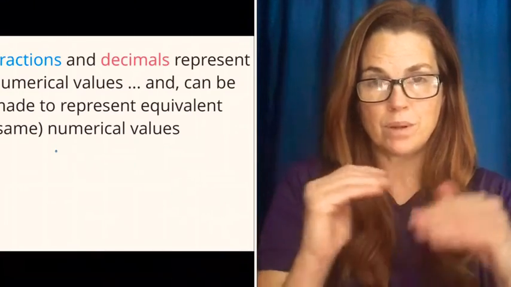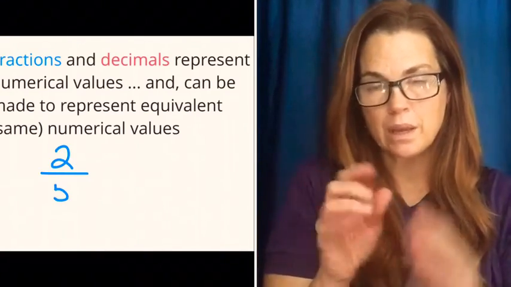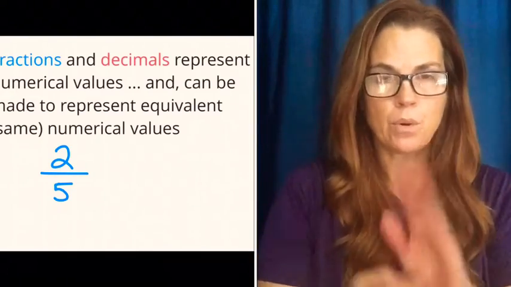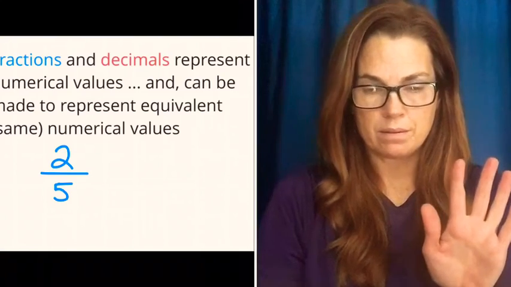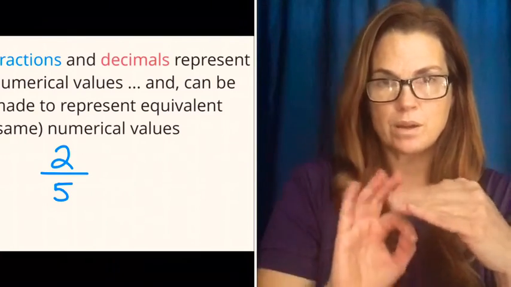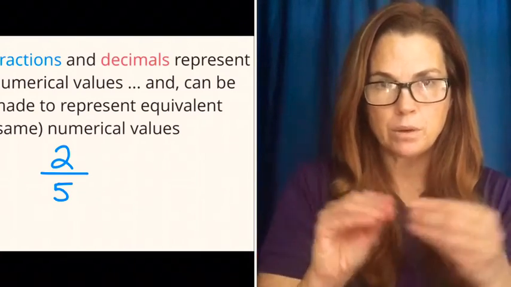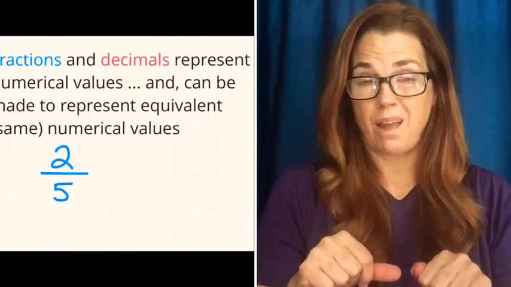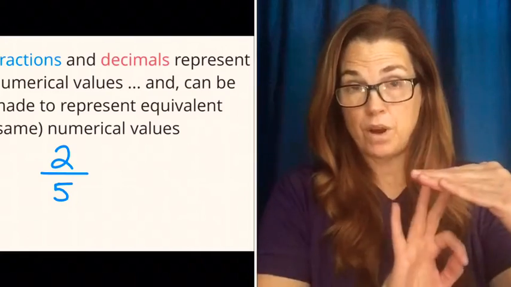I might have the fraction 2/5. 2/5 is a fractional representation of a numerical value. I can take that fraction and represent it in the form of a decimal that has an equivalent value.